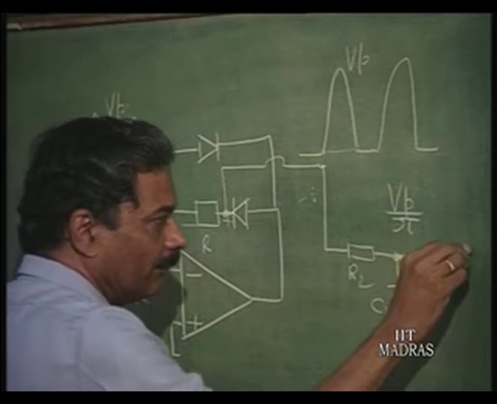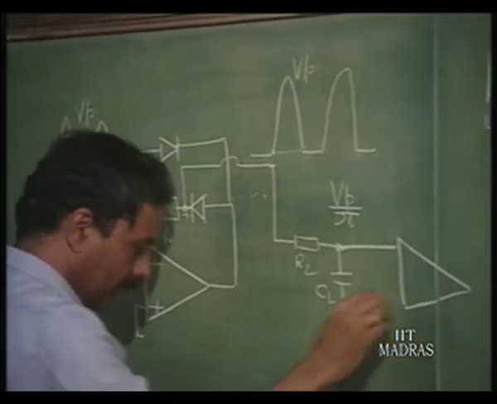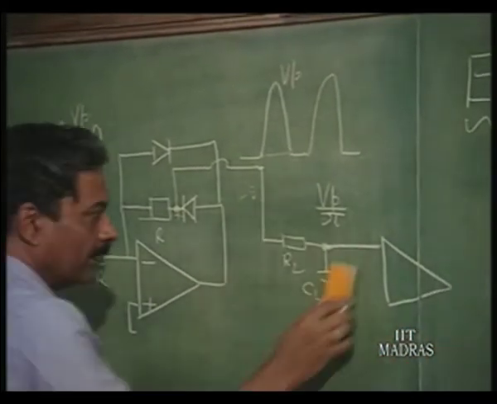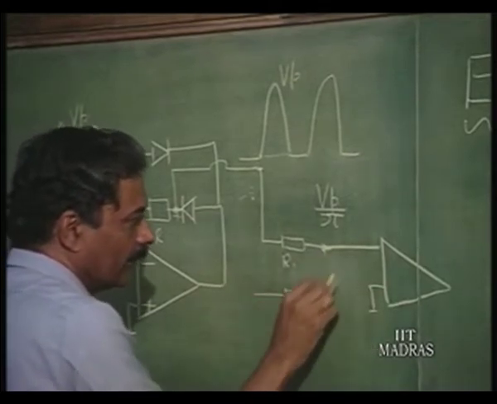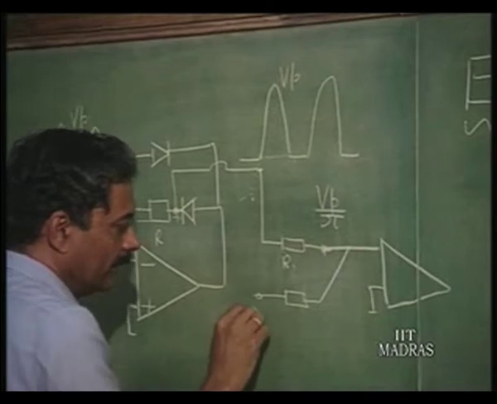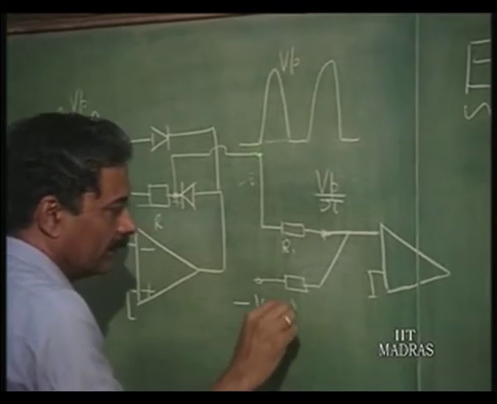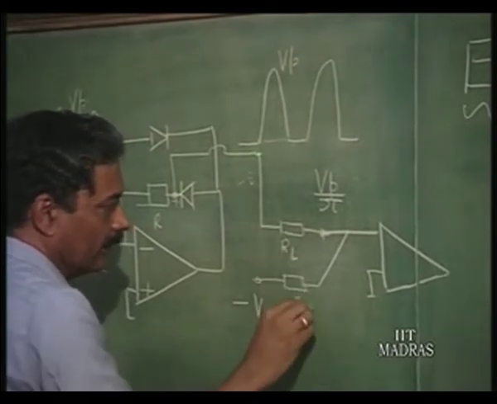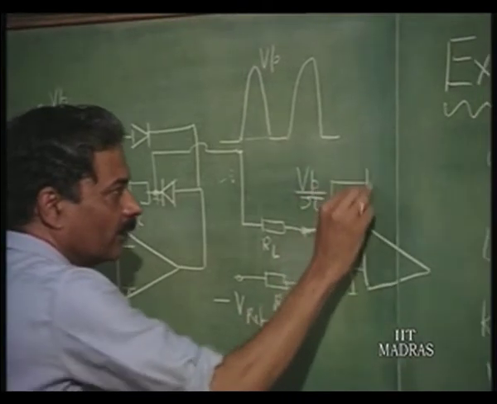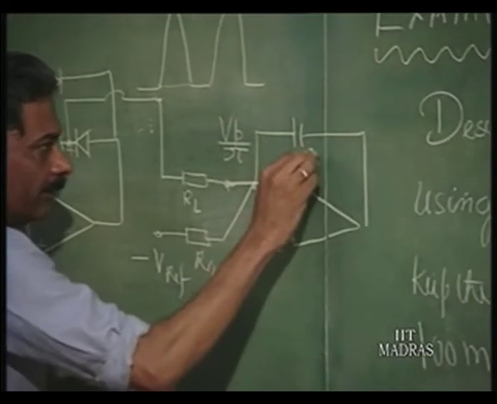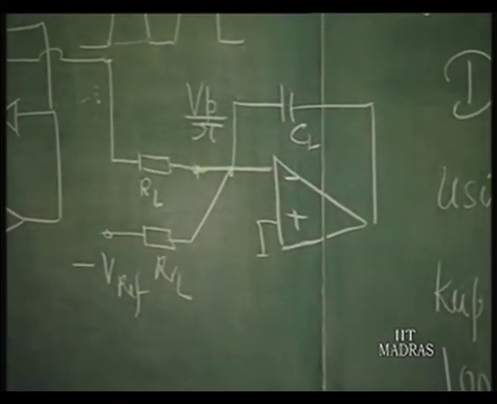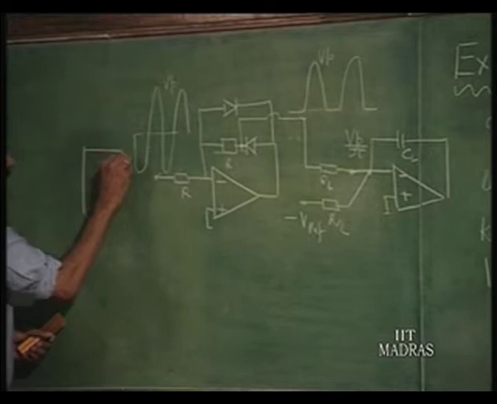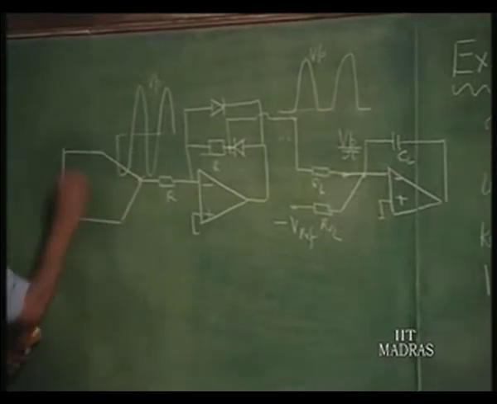So, I now compare this again with, let us say, I will put minus V reference here and RL here. The CL is going to be put now between this and this shall be negative. I want to prove that this shall work now for a certain polarity of voltage as negative feedback.